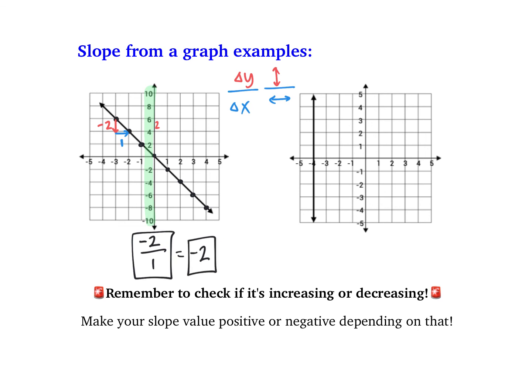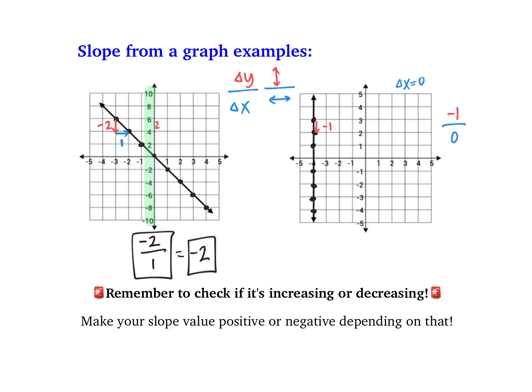Then if I look on the graph on the right, again, I'm going to start by picking any 2 points. Here it doesn't matter, all of them are technically good. If I start with my change in y, I am going down by 1. And then what's weird about this graph is I'm actually not going over at all. So my change in x here is actually going to be 0.